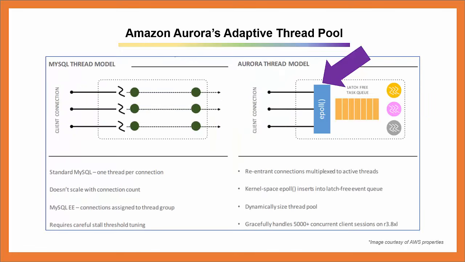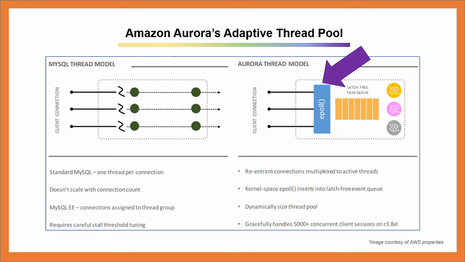Another architectural change done in Amazon Aurora is they re-engineered the thread pooling. Today, with MySQL, every connection gets a thread. And as more connections happen and the database is more heavily used, this can be a problem, leading to performance challenges. Some of this is solved with MySQL Enterprise Edition, where thread groups are used.